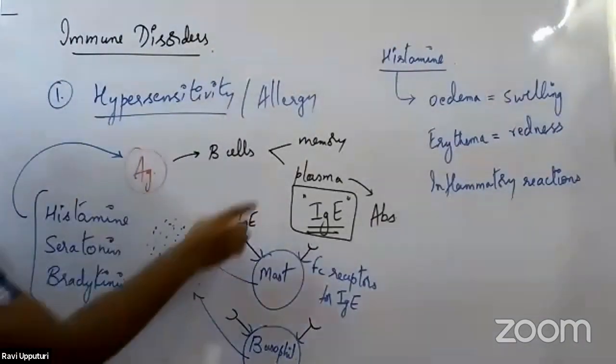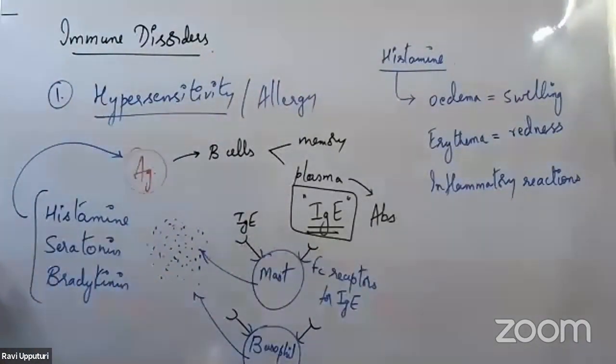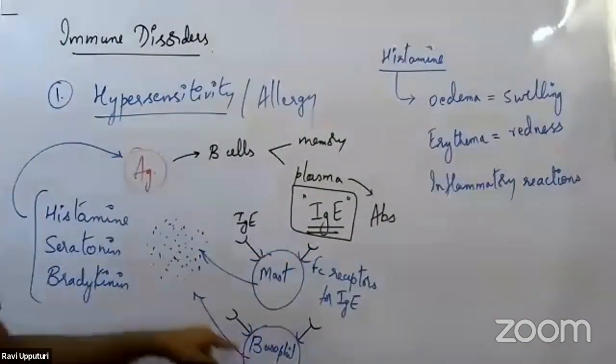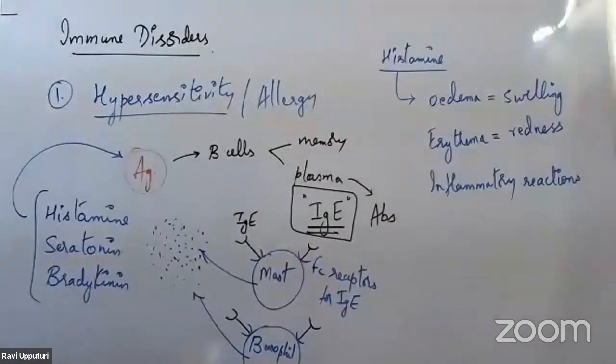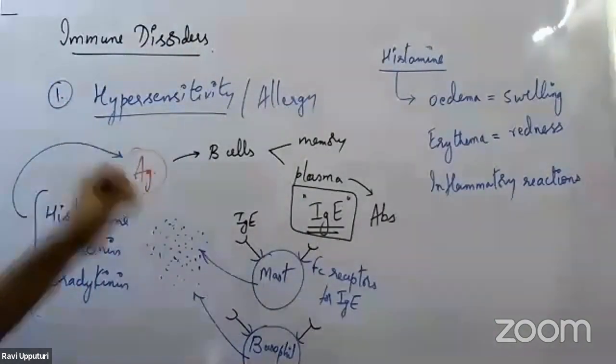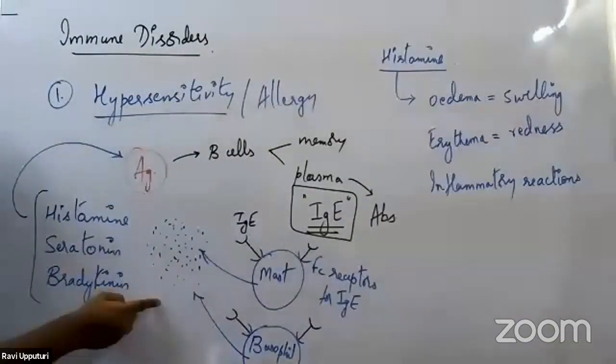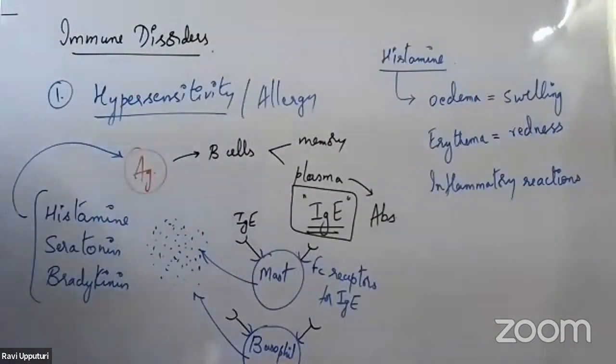As and when IgE antibodies are released, that IgE will go and bind to the Fc receptors present on mast cells and basophils. Once they bind, these mast cells and basophils become activated. Once activated, they start releasing certain chemical substances such as histamine, serotonin, and bradykinin.